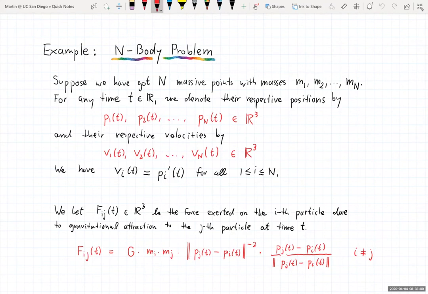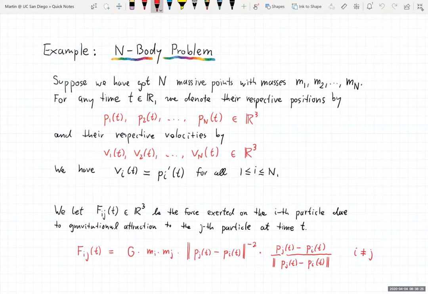Formally, Fij of t is equal G times mi times mj multiplied by the Euclidean norm of pj of t minus pi of t to the power of minus 2, multiplied by pj of t minus pi of t divided by the norm of pj of t minus pi of t.